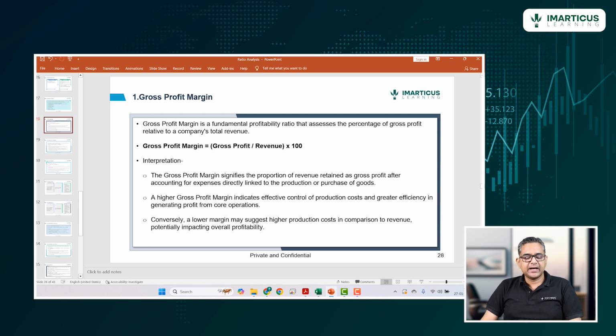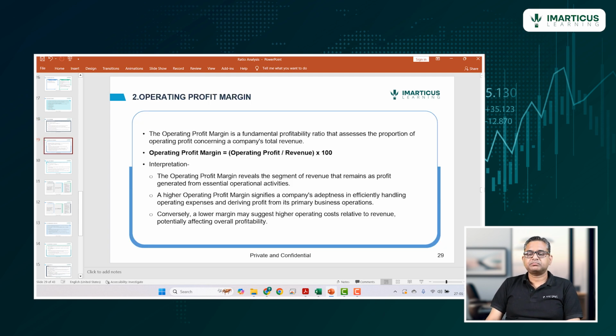That will increase our gross profit margin, and it is a measure of efficiency in managing the direct production costs. So, if we are comparing companies within a particular sector, the higher the gross profit margin for a company, the better it is.